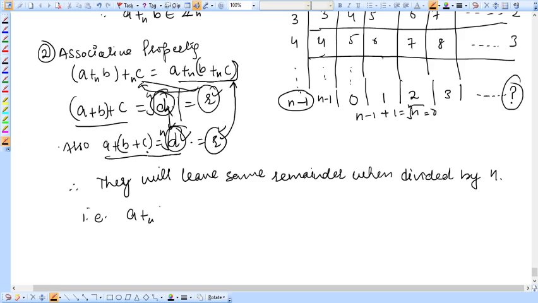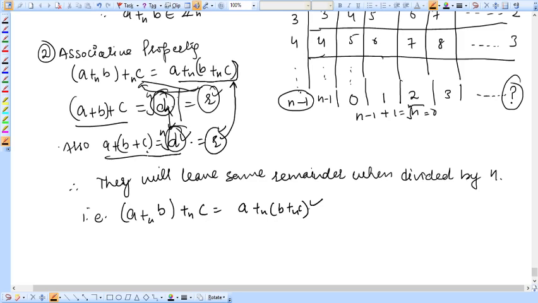So this is what we are going to write over here. Or you can simply write, since the addition of both the numbers is the same, they will leave the same remainder. Thus it satisfies the associative property.